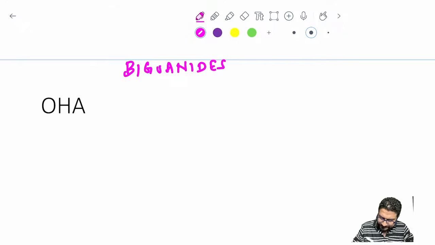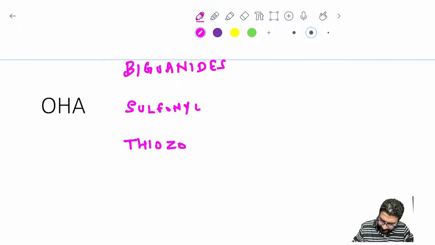Biguanides. Then second drug what we have, sulfonylureas. Third drug will be thiazolidinedione. That is rosiglitazone, pioglitazone.